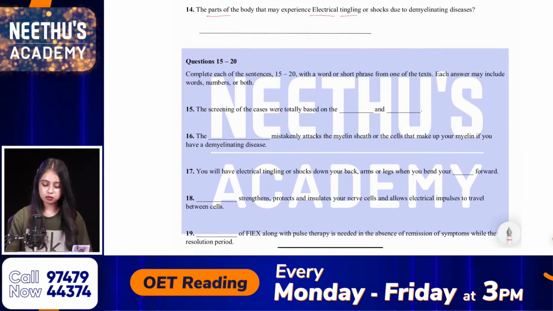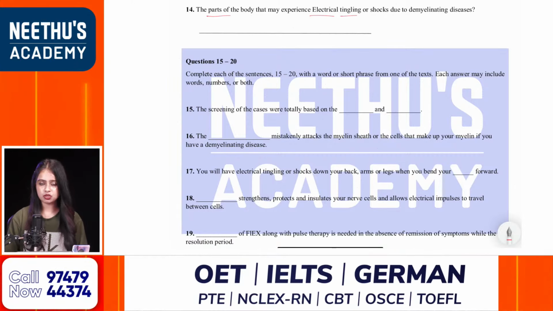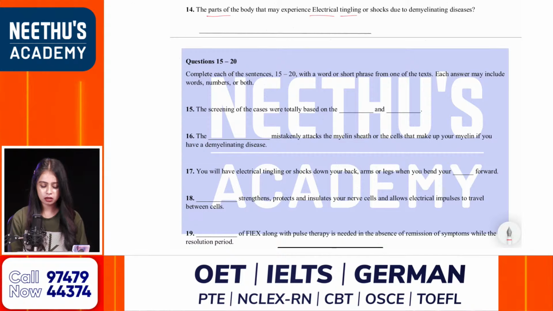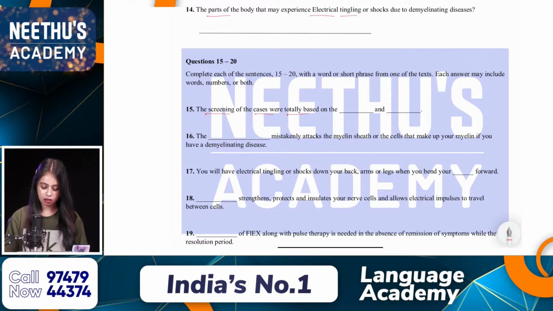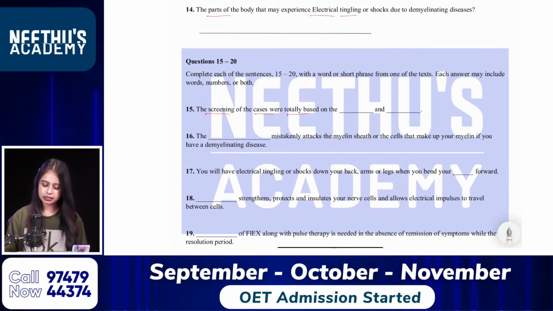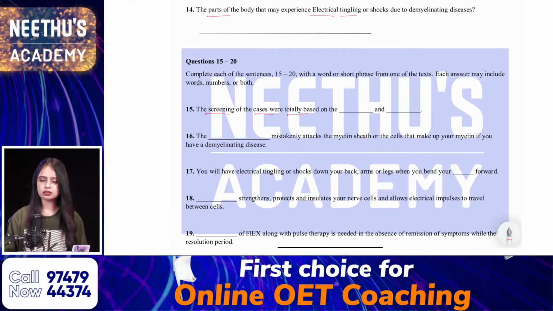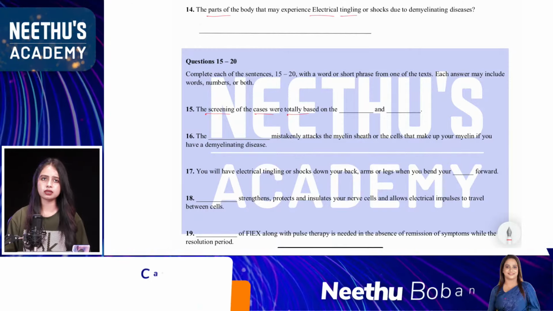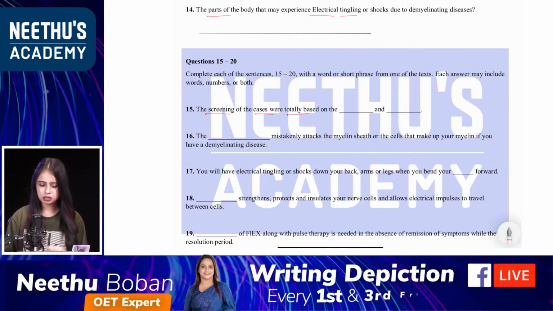Okay, so now we are moving to 15 to 20. The first question: the screening of the cases was totally based on the dash and dash. So what and what? Screening cases totally, so based on what and what? Screening means total cases, so definitely it is mentioned in text D, because it is all about the study and the analysis.